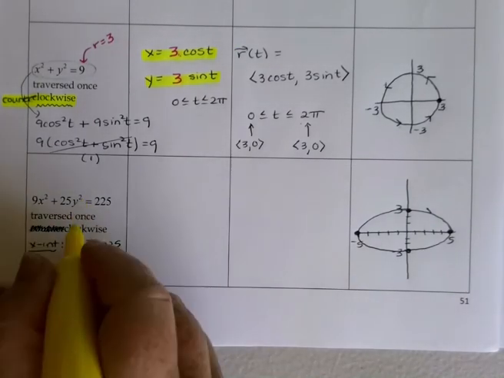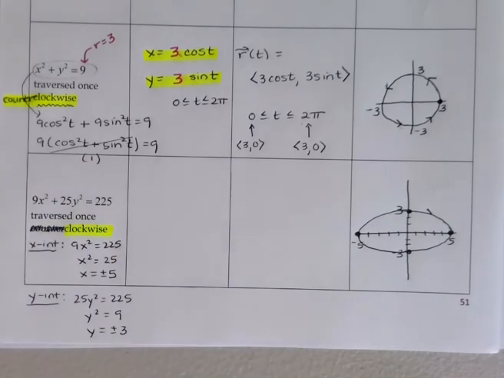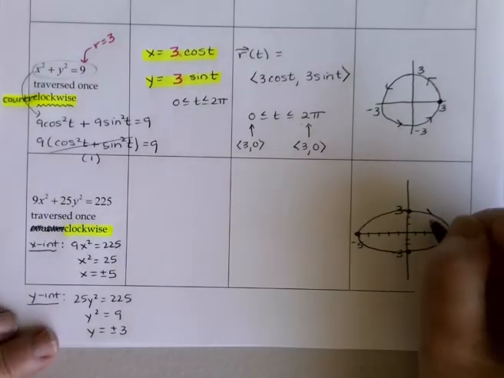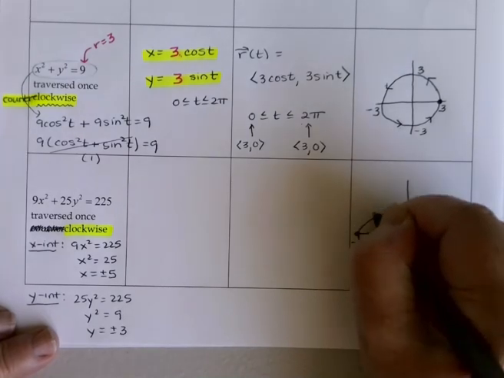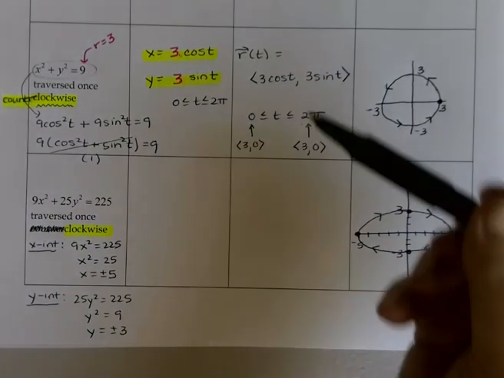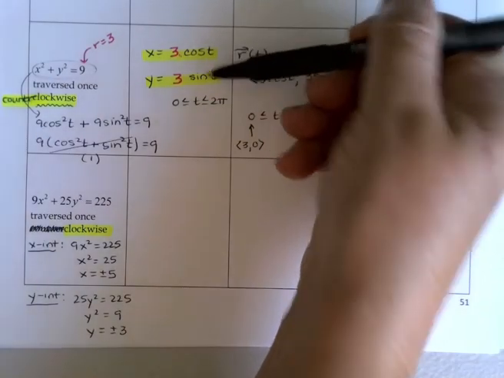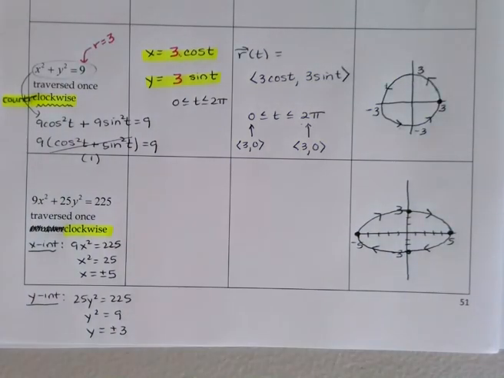To go clockwise, this way, what we'll do is we'll reverse the sine and the cosine. That'll make us go around the other direction.